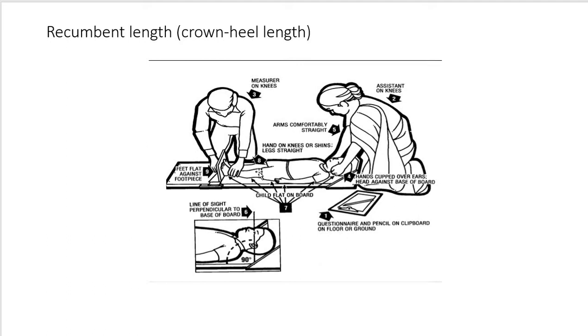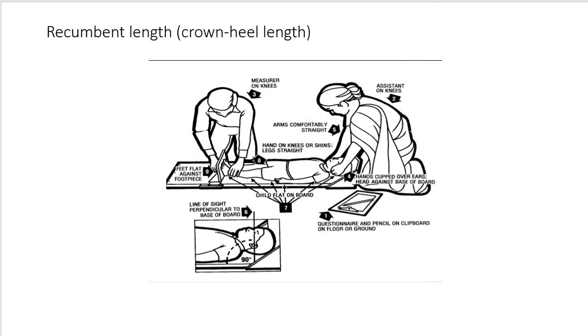Make the baby lay down straight, the knee should not get bent. Then the sliding board is slid until it touches the feet, and that length is taken. That is the recumbent length, the length from crown to heel. It is taken only for children who are not able to stand, the small children.